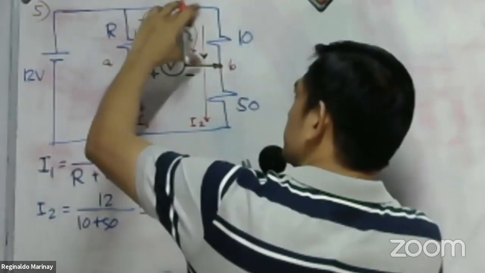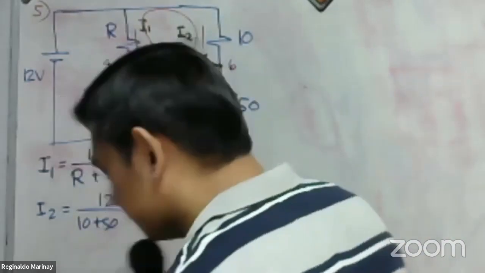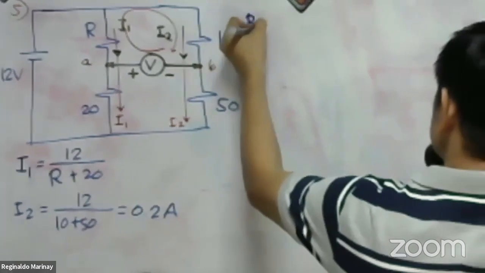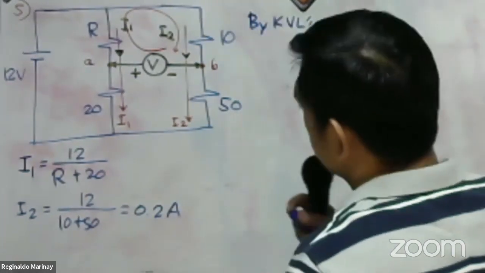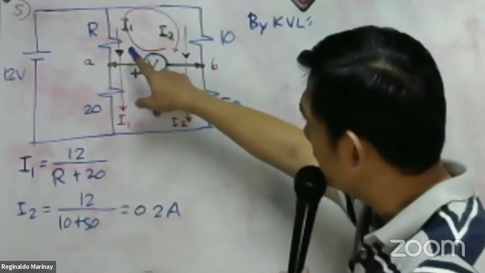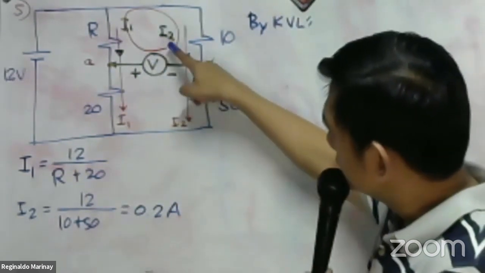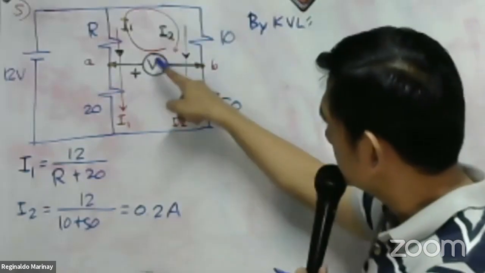On the upper loop here, let us make use of the Kirchhoff voltage law. By the Kirchhoff's voltage law, take a look here. I will start with the voltmeter. For the voltmeter, the circuit tracing, again, is assumed to be clockwise.